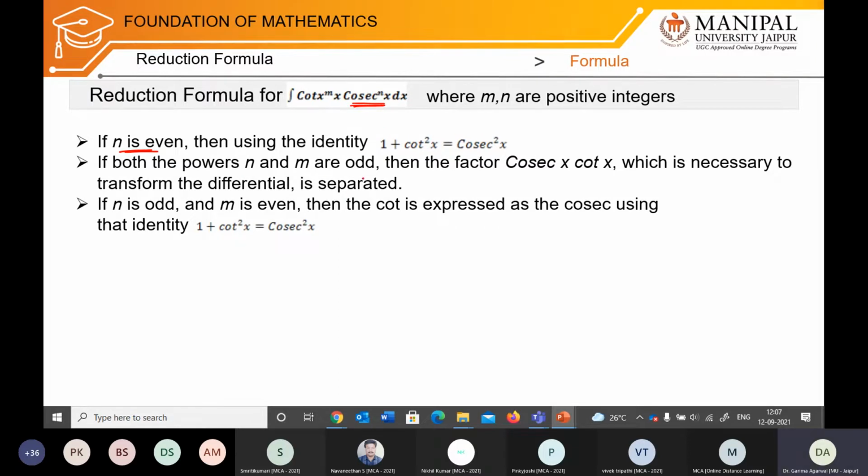If both the powers are odd, then the factor cosec x cot x, which is necessary to transform the differential, is separated. If both the powers are odd, we'll separate cosec x cot x. If n is odd and m is even, then cot is expressed as the cosec by using this identity, right?